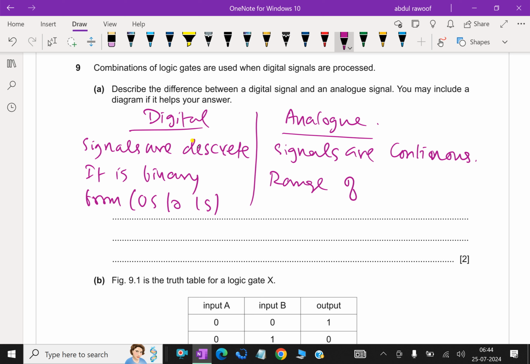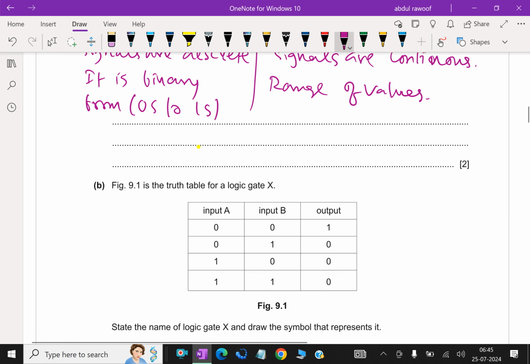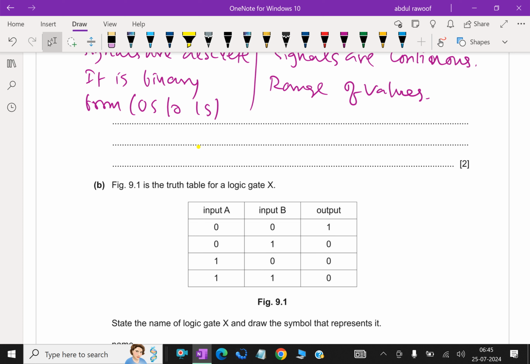It has a range of values. Now this signal, look at here, suppose the signal passes like this, but this signal is continuous like this.